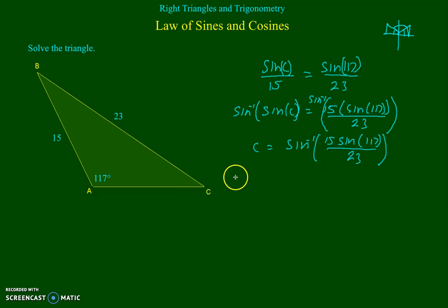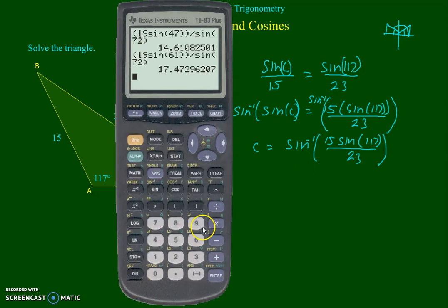In this case we're okay because this is going to be within our domain. So you have to be very careful when you're looking for an angle that's outside 90 degrees, because arcsine will not generate an angle greater than 90 or less than negative 90. So let's go ahead and put this in our calculator and see what we come up with.